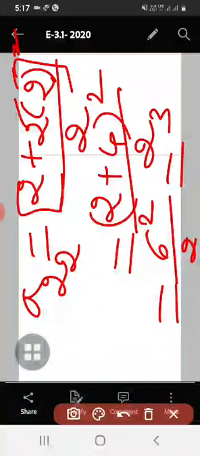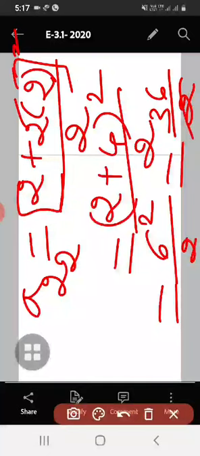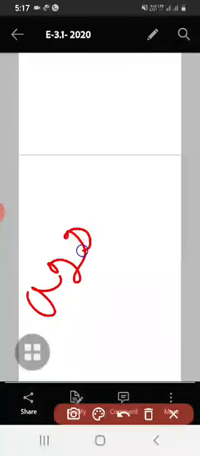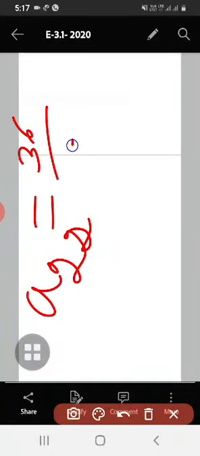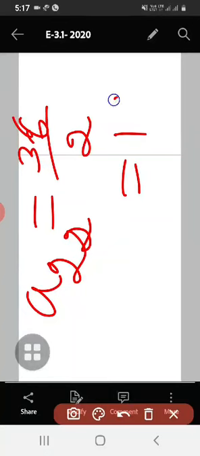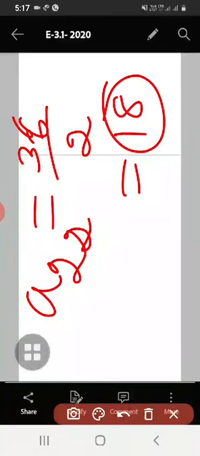So 6 square is 36 divided by 2. If we cancel it, we get 18. So A22 was 36 divided by 2, and simplifying it I get 18. Okay, 2 ones are 2, 18s.